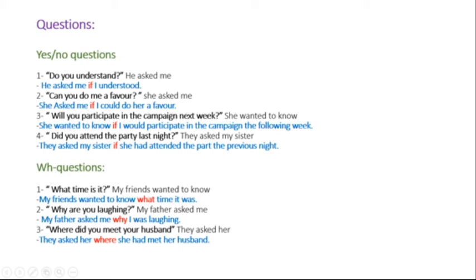Do you like action movies? Yes I do. Are you Moroccan? Yes I am, etc. The answer is either yes or no. That's why we call them yes/no questions. And WH questions, we call them that because to make those questions we use WH words like what, why, where, which, who, how, whose, when, etc.